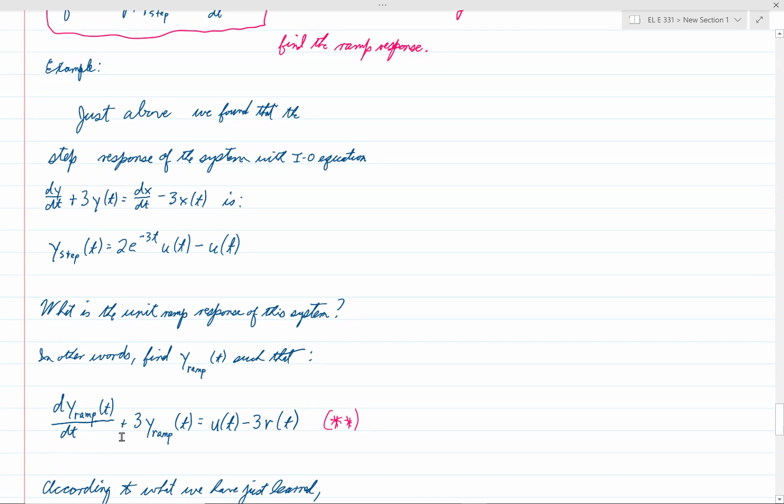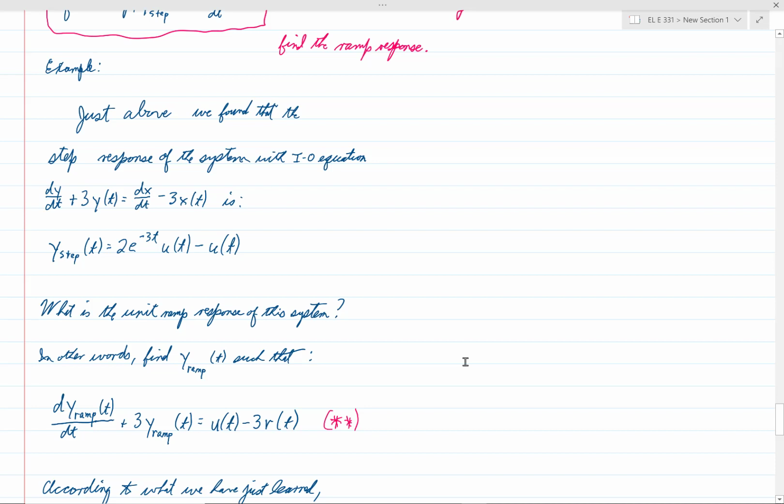And again, that means that if we put in the ramp function for x of t in the input-output equation, and put in y ramp for y, we get this. So I'm going to put 2 asterisks by that.